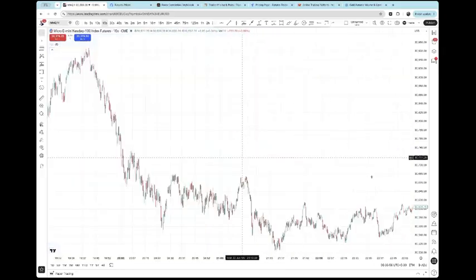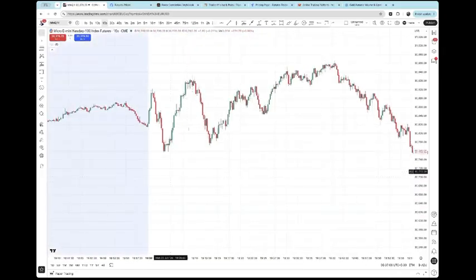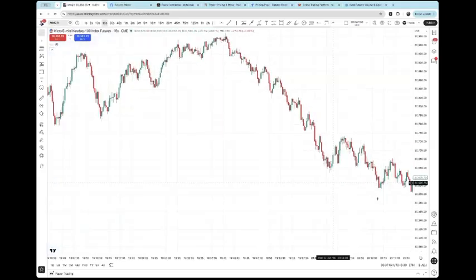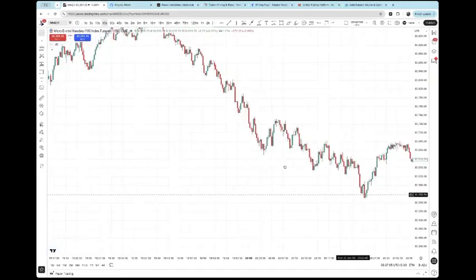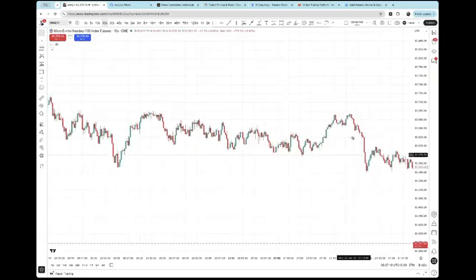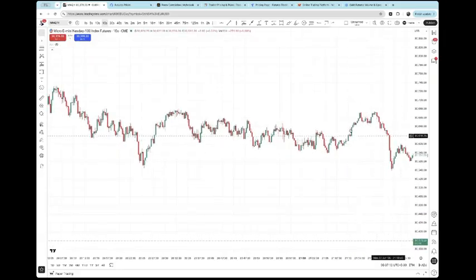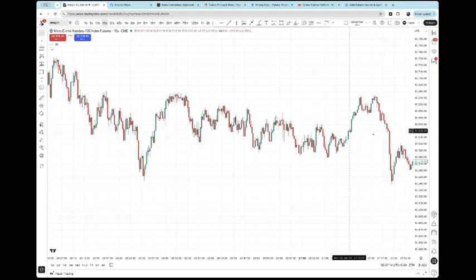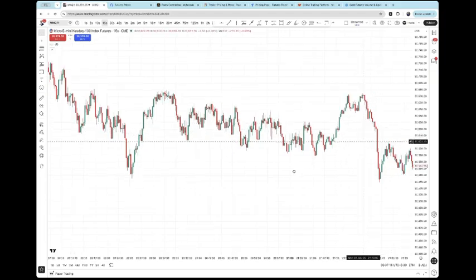So this is your 15 second chart of Nasdaq. There was one trade, it got a stop loss over here. Rally boring rally, it got stopped out.